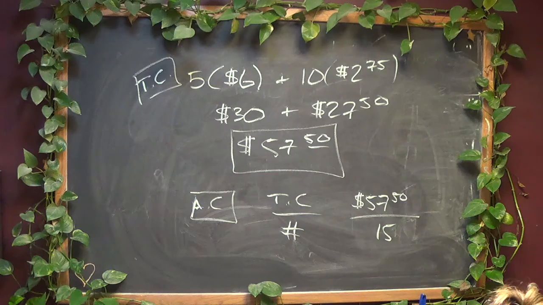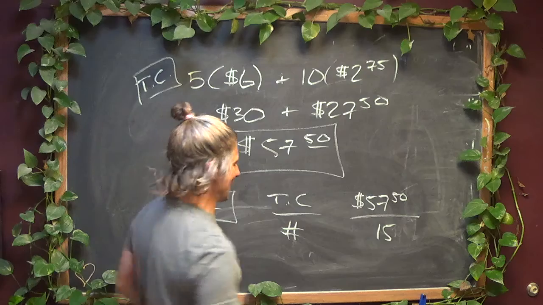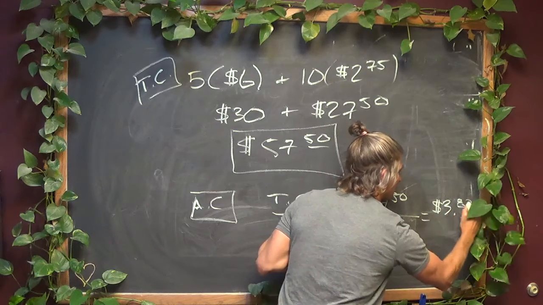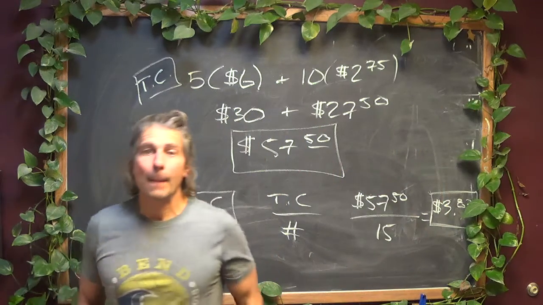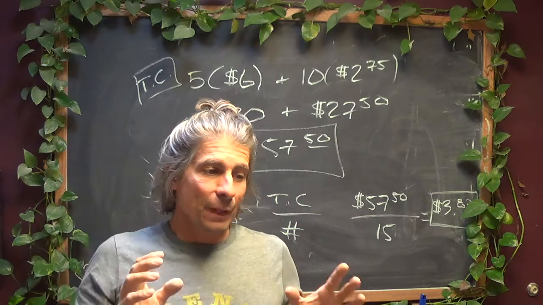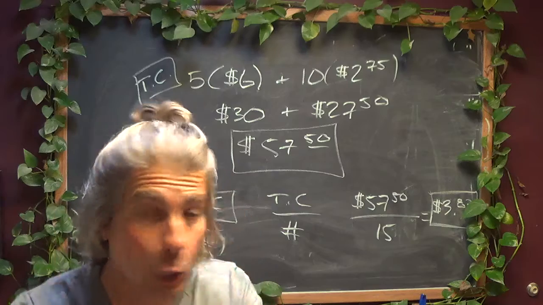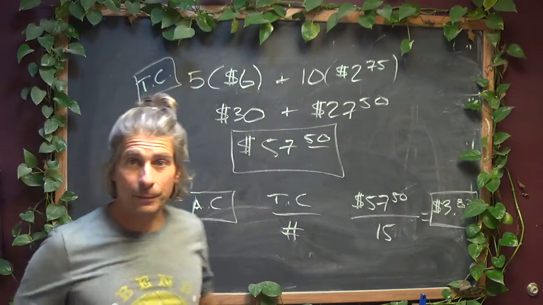Divided by 15, and it comes out at $3.83. $3.83 per fly on average. All this means is that if you bought 15 flies and each cost that much, it would cost the same as what you purchased here. That's all an average is.